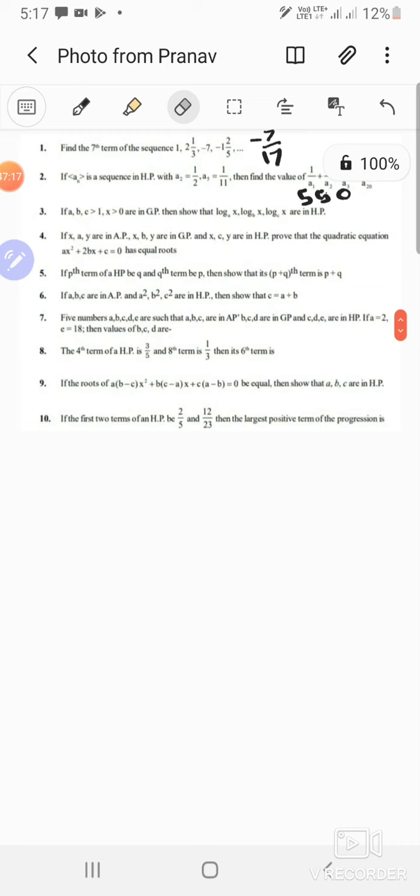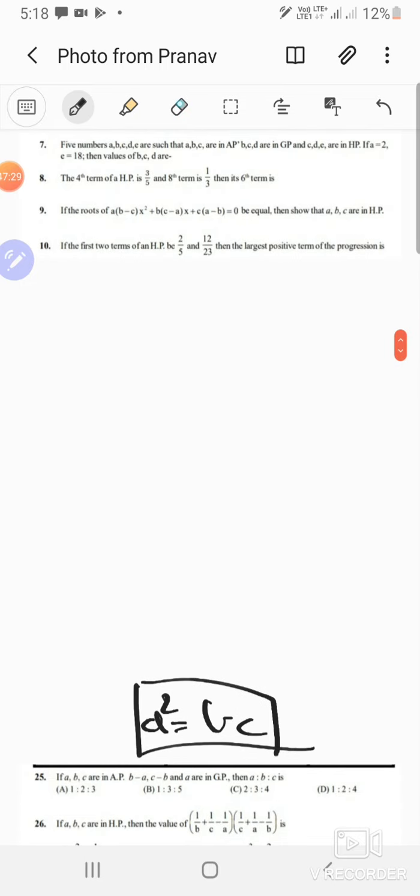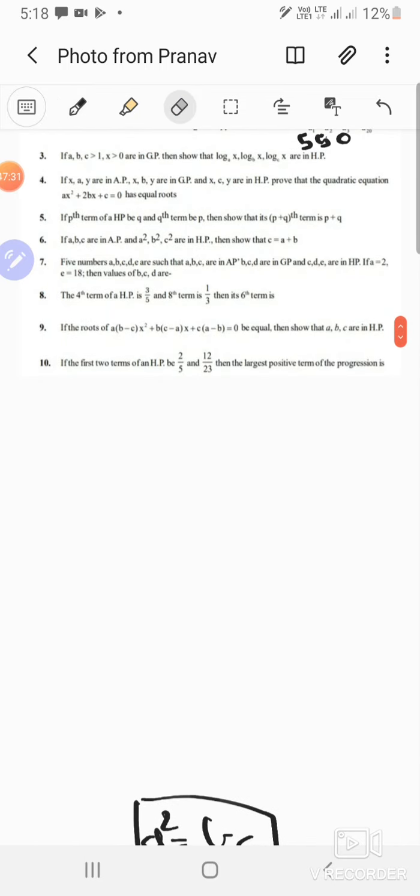Where were we? Yes, we had to prove that this equation has equal roots. I think we got it messed up once again. a squared is equal to bc doesn't look very correct.